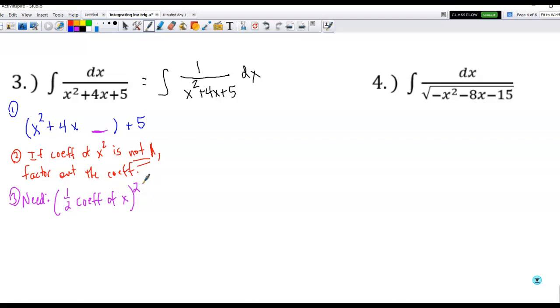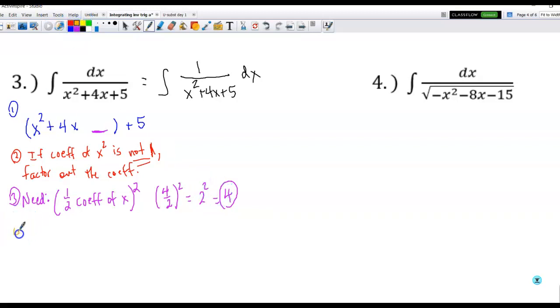For our example, the coefficient of x is 4, so we take half of 4 and square it. Half of 4 is 2, and 2 squared is 4. So that is what I need in order to force this trinomial to be a perfect square trinomial.